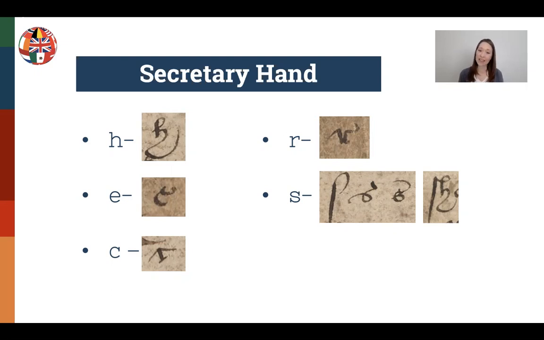And then the S has two different forms, because you have the long S, which happens in the middle of words, and then you have a final S, which can be those two different ends there, and that's a really unique shape for S. And when you combine S, like that little end example, with an H, you're not really sure if that's a capital letter or what. It is very confusing when it's combined in an SH.